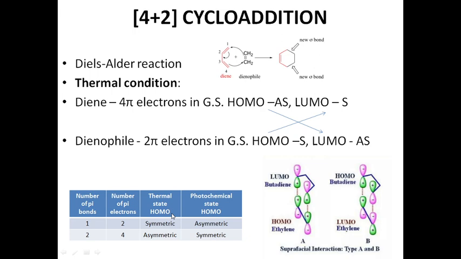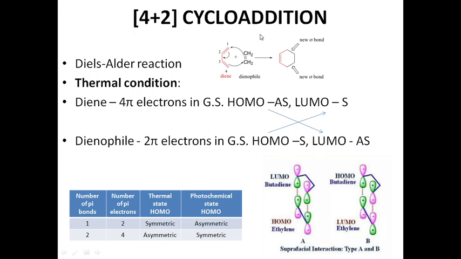What is the state of HOMO here? It is asymmetric. HOMO in ground state is asymmetric for 4 pi electrons, which is diene. LUMO then becomes symmetric.